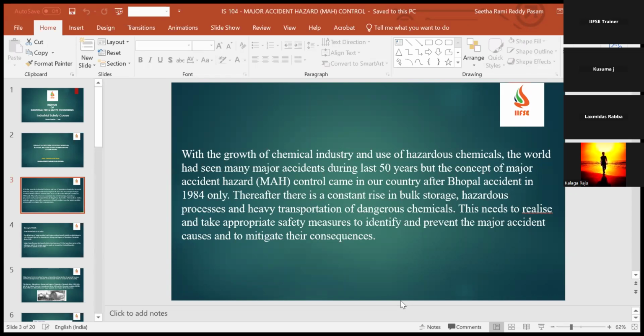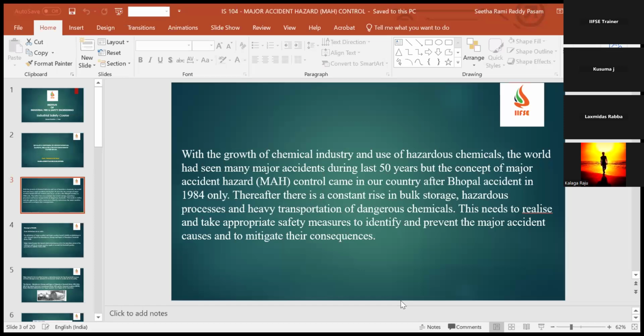But the concept of major accident hazard control came in our country after the Bhopal accident, which happened in 1984. Most people are familiar with the Bhopal accident. Almost 25,000 people died, and lakhs of people were affected. Still, that effect is carried by their upcoming generations also.